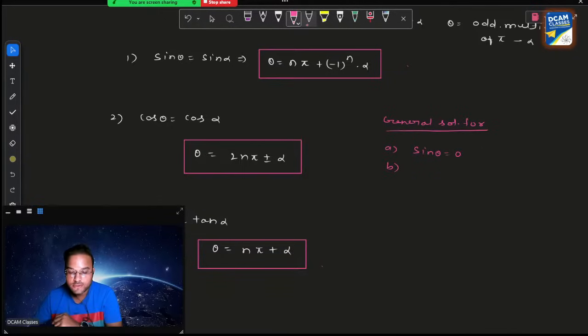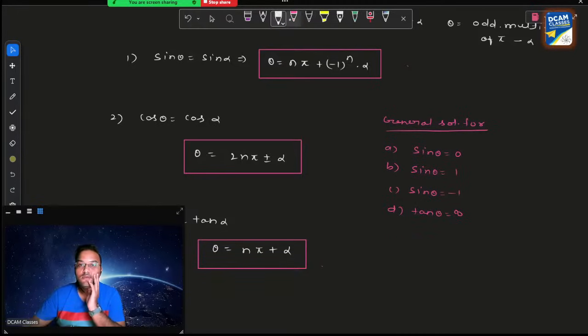Tell me for sine theta is equal to 0. Second is sine theta is equal to 1. Sine theta is equal to minus 1. Tan theta is equal to infinity. Quickly give me what should be the solutions.